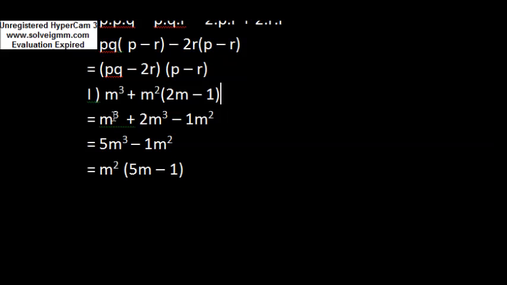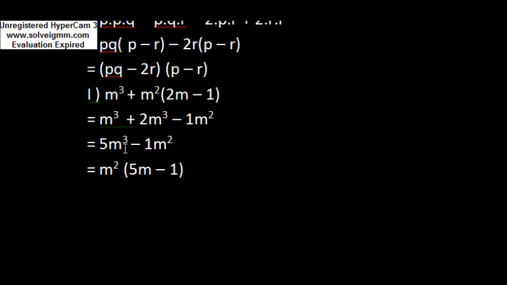M cube plus 2M square plus M square into 2M minus 1. First of all, you will simplify this expression. M cube plus M square, this bracket means multiply, M square into 2M equals 2M cube, minus M square into 1 is 1M square.